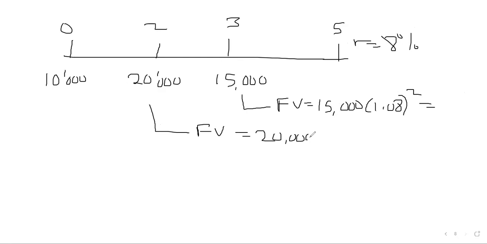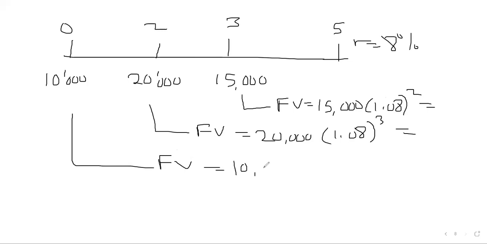How long is it taking from year 2 to year 5? It is 3 years. And this 10,000, how long is it taking from year 0 to year 5? It's taking how many years? 5 years. So you add these future values.